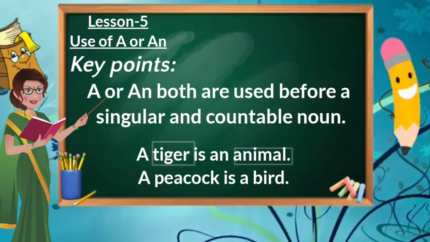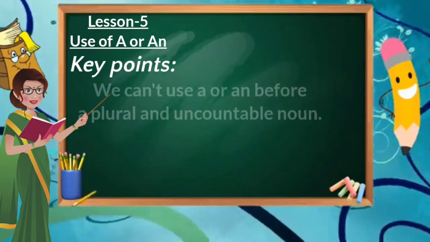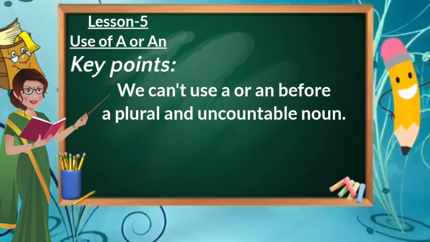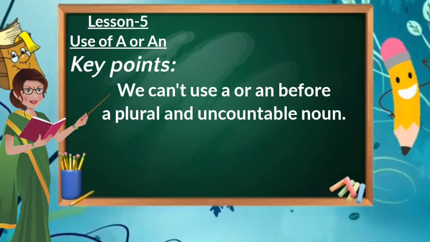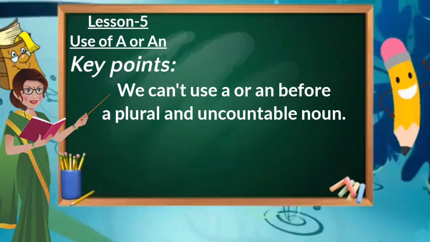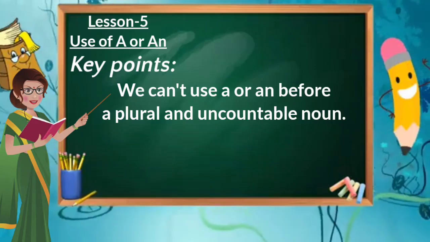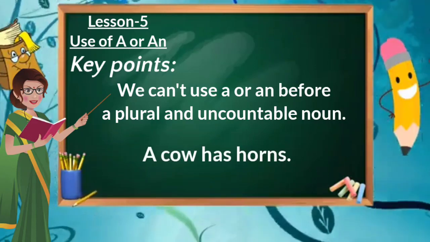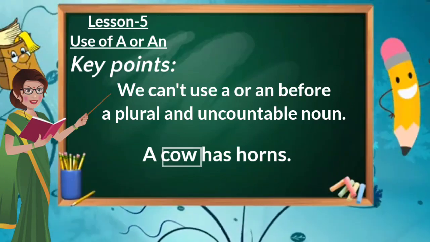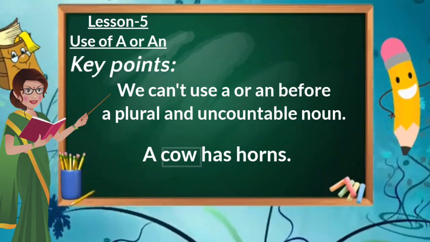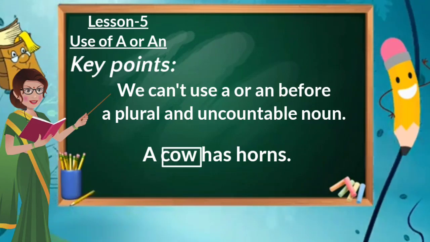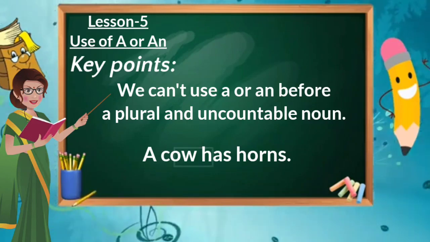That's why we use A or AN before them. Next point, we can't use A or AN before a plural or uncountable noun. Example, a cow has horns. Here cow is a singular and countable noun, so we use a before it. A cow.